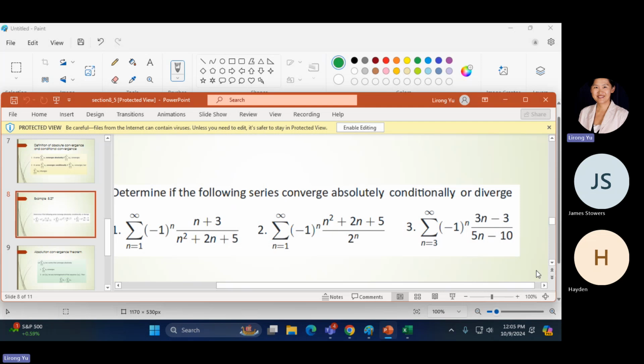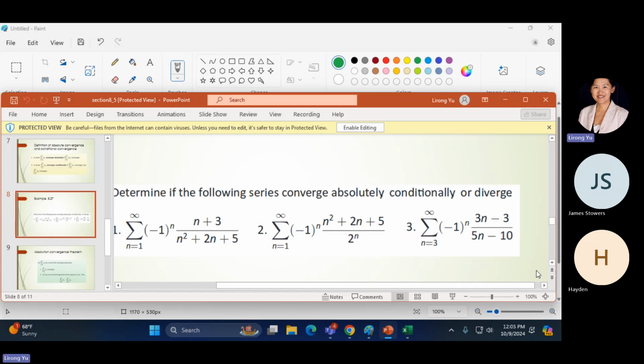That's what you mean, right? If we don't have the sign, then 3n over 5n has a limit, and that limit is 3/5, so it's not 0. Therefore it would diverge.